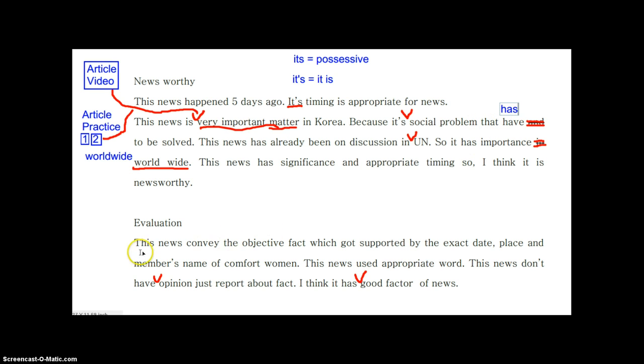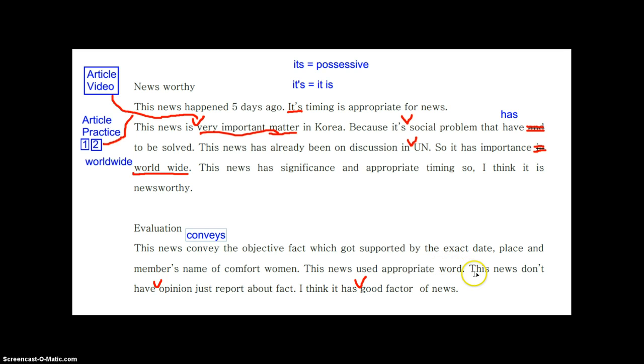And since "this news" is third person singular, we're going to put "conveys". And "this news" as well is third person singular, so let's put "doesn't report" as well.